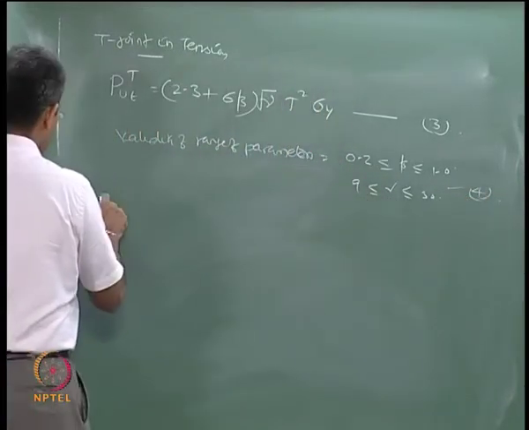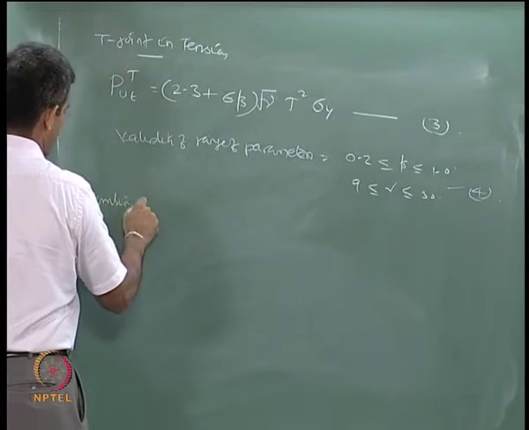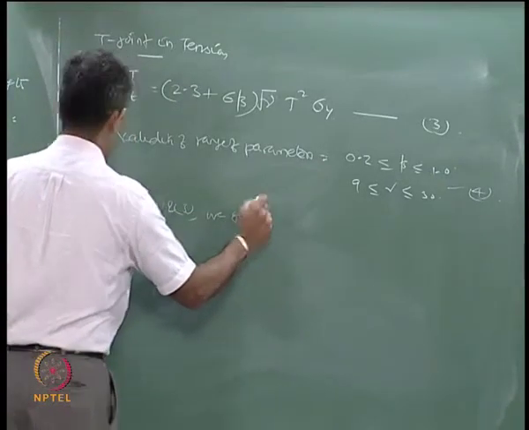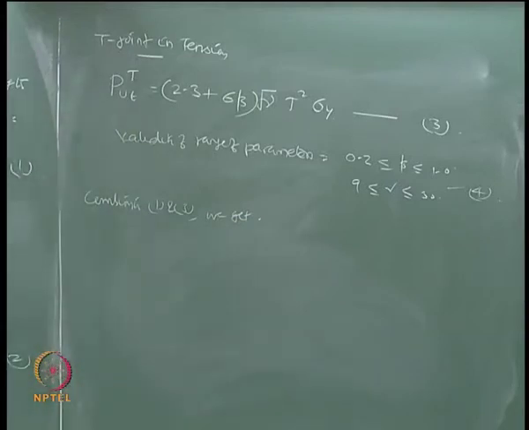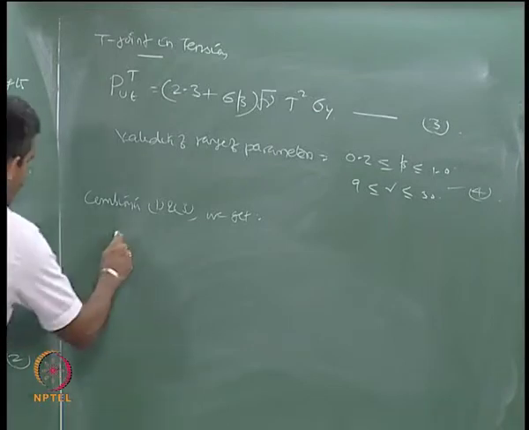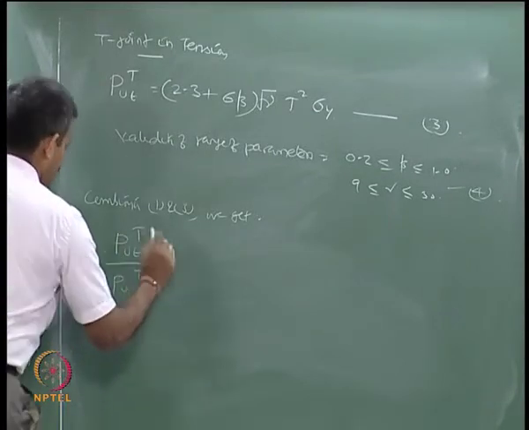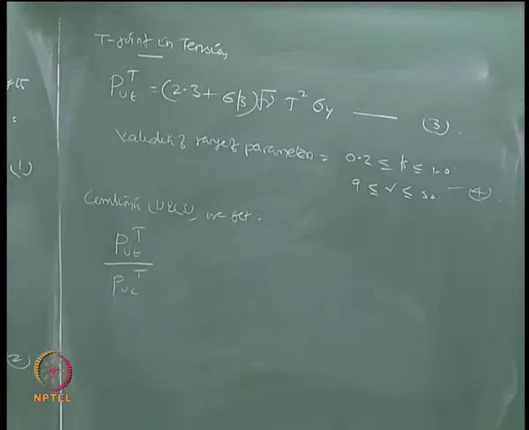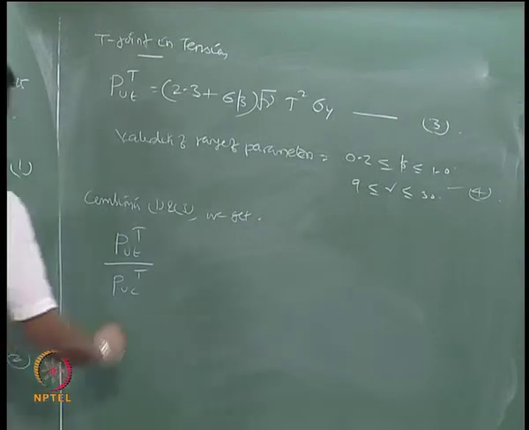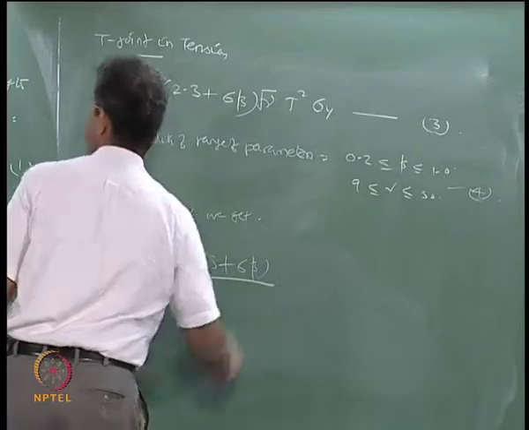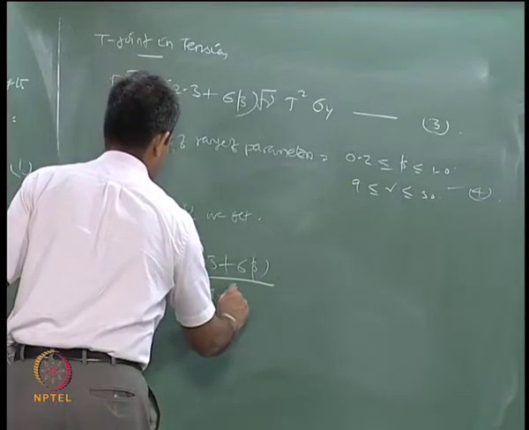Now, combining 1 and 3, we can get 1 is here and 3 is here. So, I can write an expression which says P UTT by P UCT is 2.3 plus 6 beta by 7.5 beta.